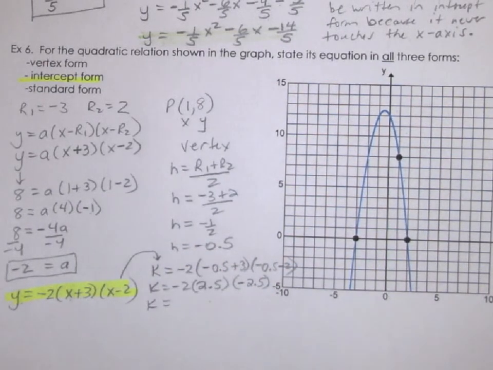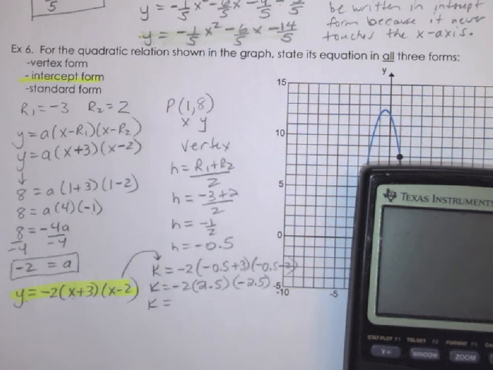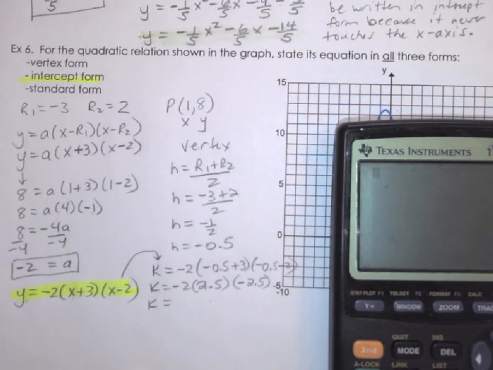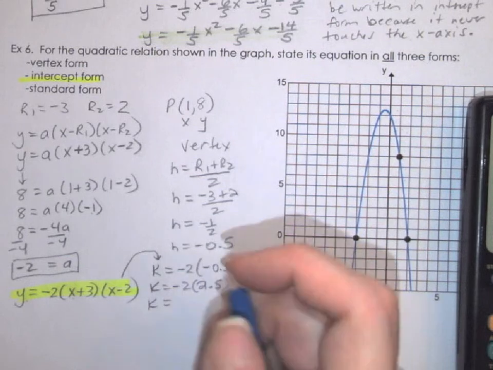So when I calculate that k value, negative 2 times 2.5 times negative 2.5 gives me positive 12.5.